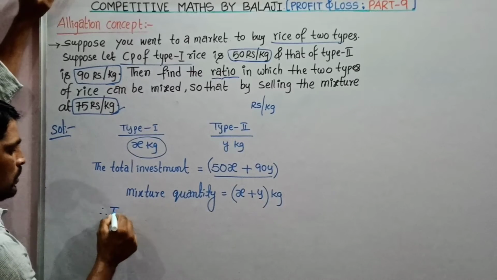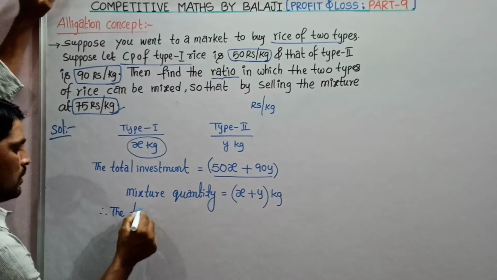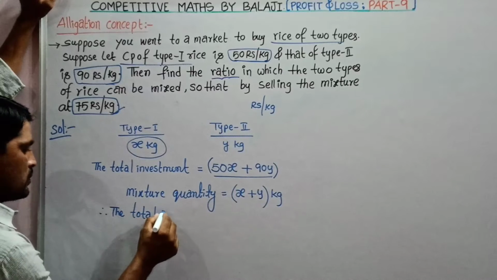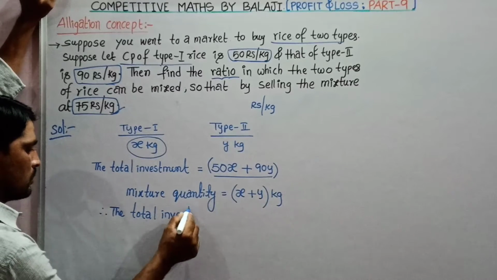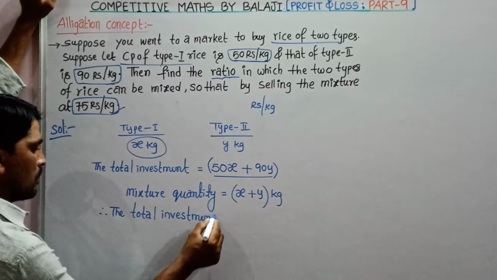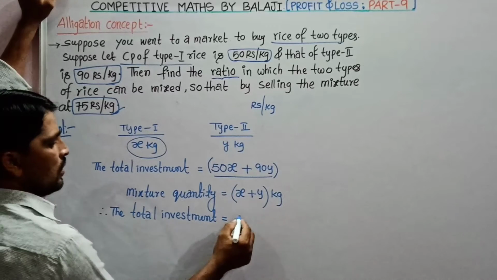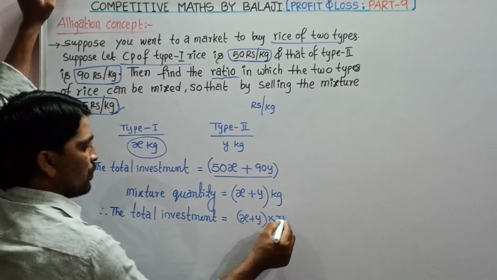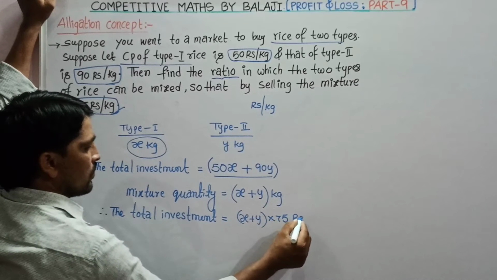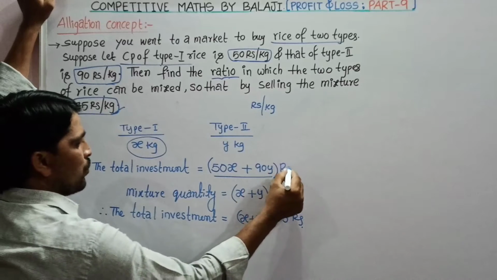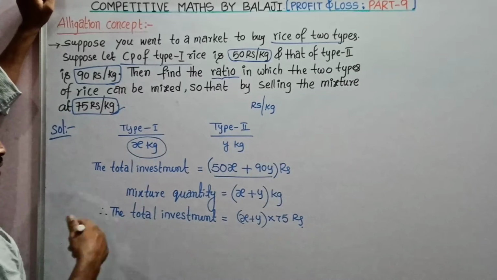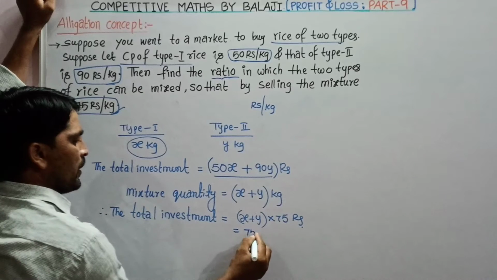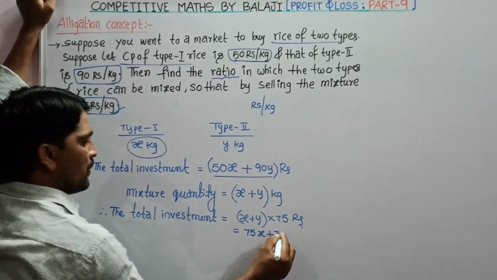Therefore, the total investment is x plus y times 75 rupees, which is equal to 75x plus 75y.